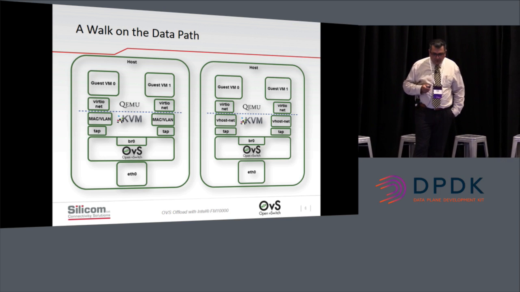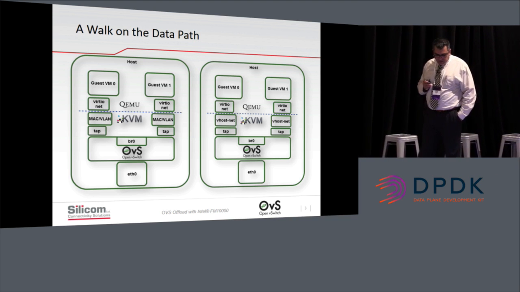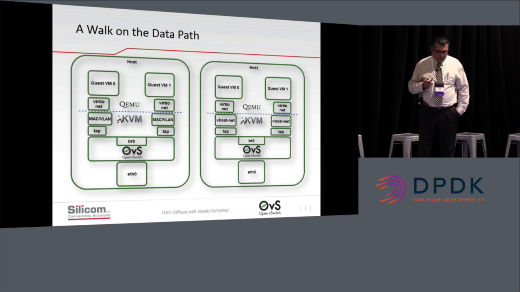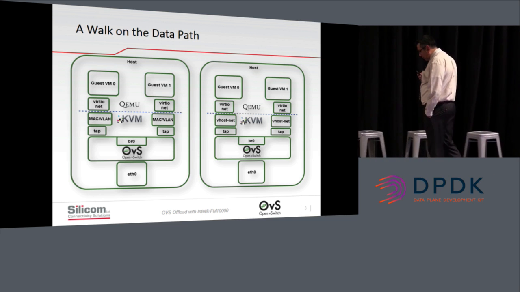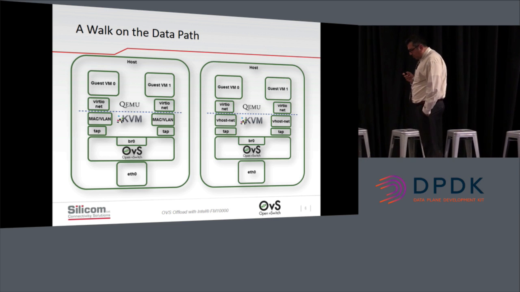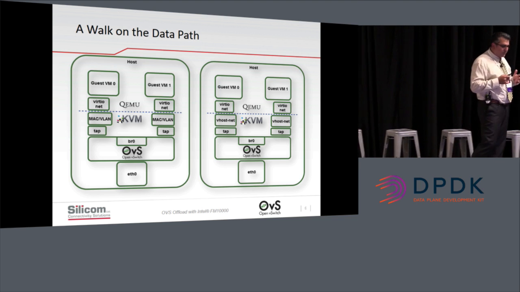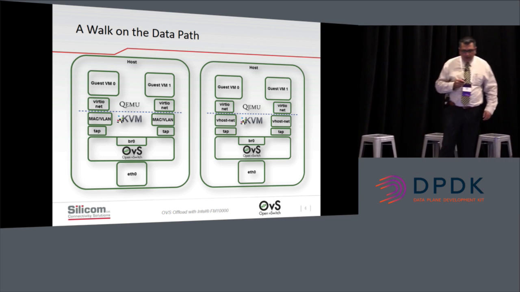The important thing that we see here is that in both cases, the OVS kernel data path is a considerable, a very important component in the data path. It consumes quite a lot of performance, and it is also responsible for a considerable amount of processing on the data path.